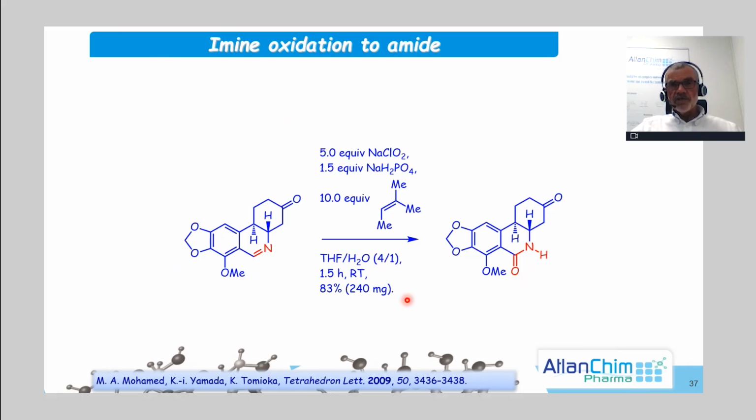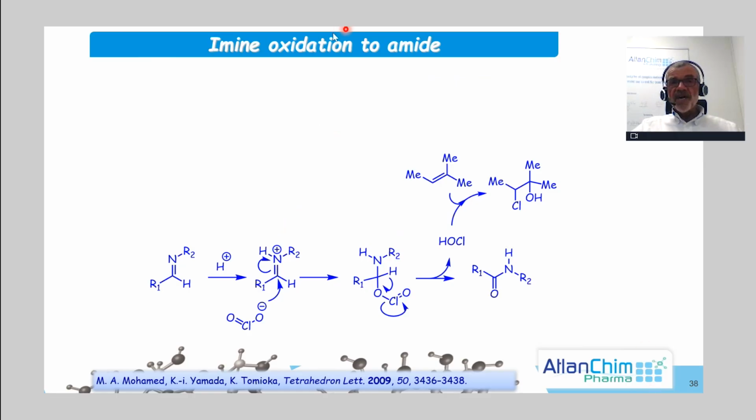They demonstrated the generality and the functional group tolerance of this oxidation protocol on various substrates. This slide shows a representative example with here typical conditions which are the same as those used in the Pinnick oxidation of aldehyde.